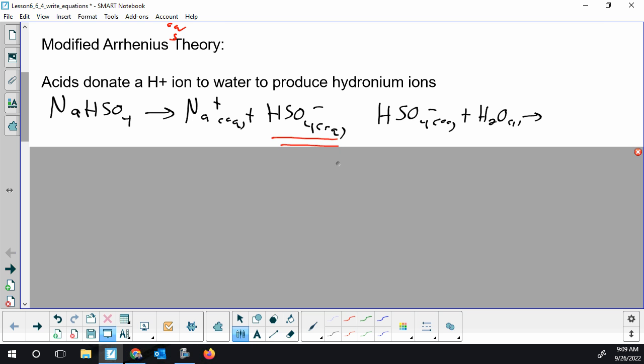This would not be part of your answer, but it's a visual aid that H is going from the acid to the water. This is where we get hydronium. And we're left with 1 S, 4 O's, and the charge is going to drop 1 when it loses an H+. So it's going to drop to 2-.